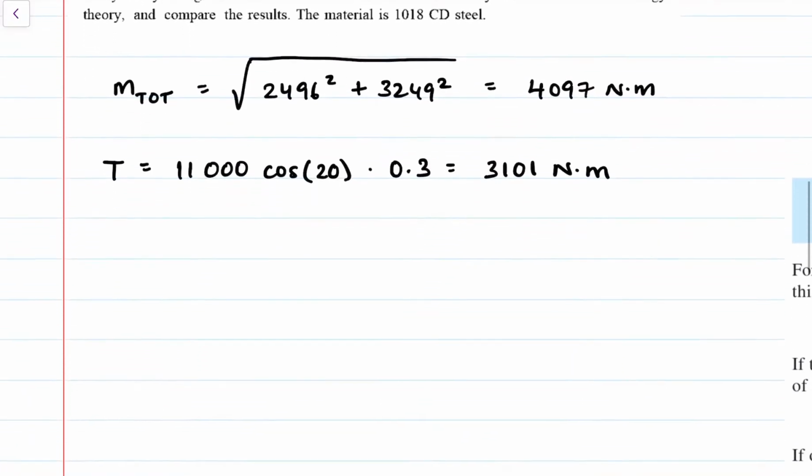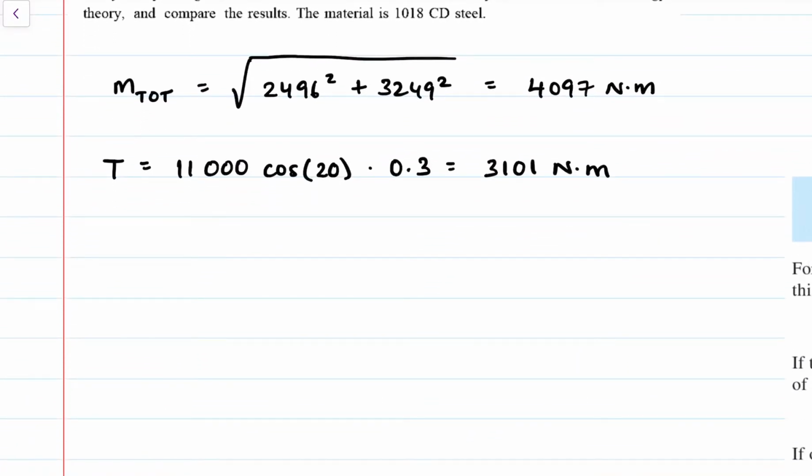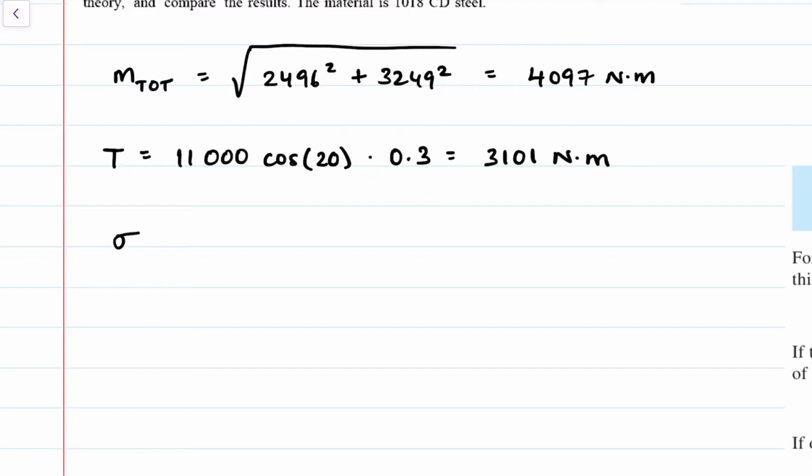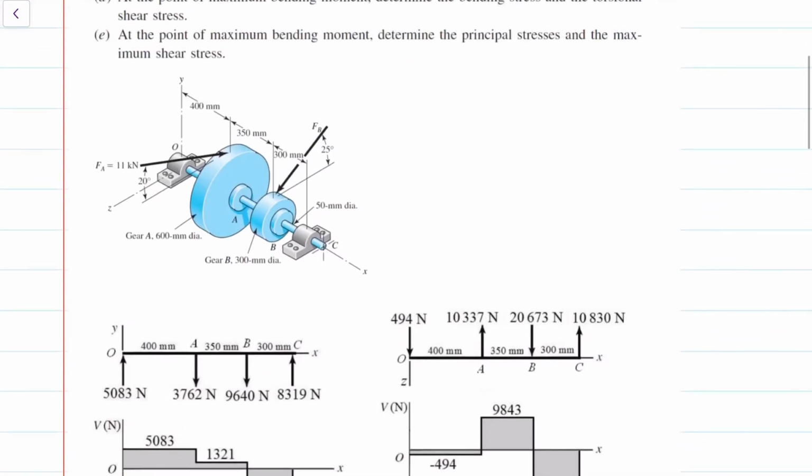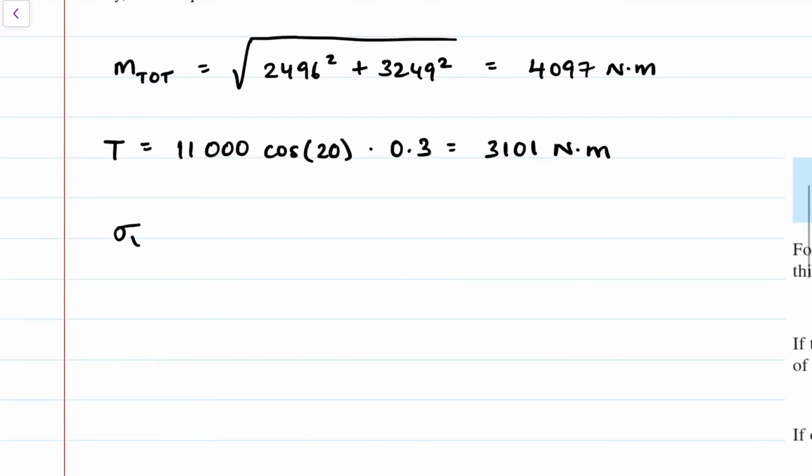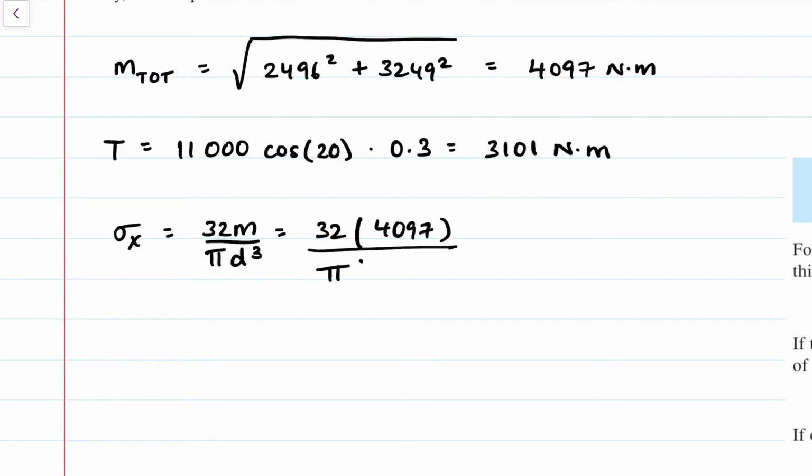All right, so once you have the moment and the torque, we can go ahead and calculate the stresses. So we have sigma bending, or in this case, sigma x, is equal to 32M over pi d cubed, because the moment's going to be maximum on the surface. So that's 32 times 4097 over pi times 0.05 cubed.